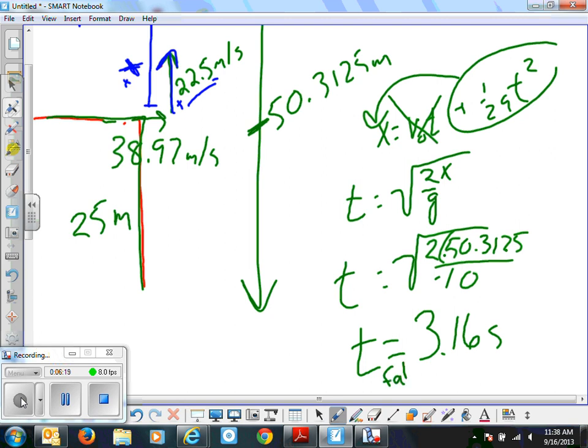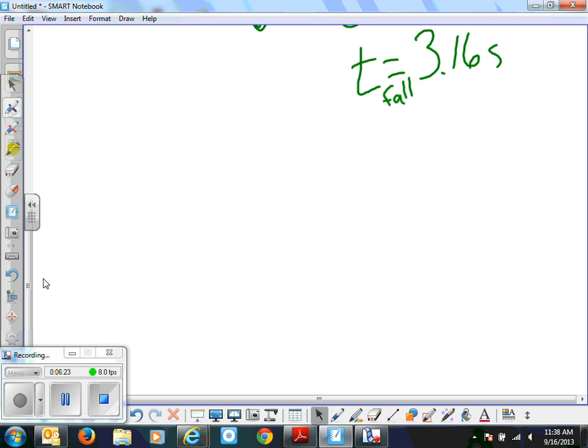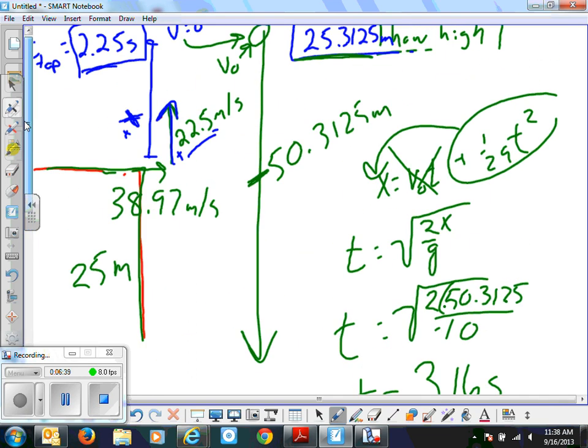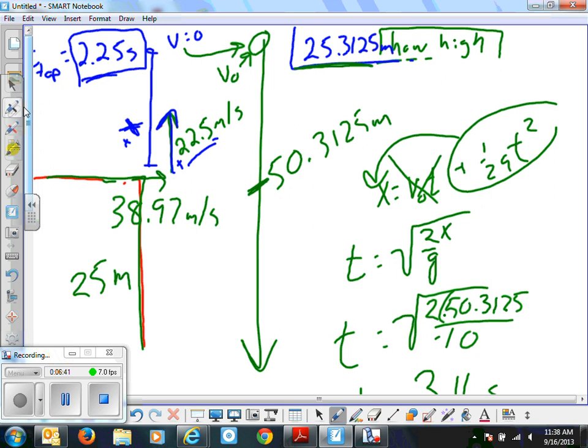Okay. And then my last question was, you know, how far away from the edge of the cliff is this going to fall? Okay. So it's your average velocity in the x direction times your total time. Your average velocity is not going to change in the x direction, or your velocity isn't going to change. And here we said it was 38.97 meters per second.